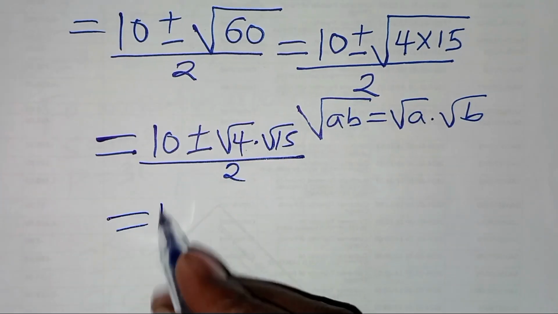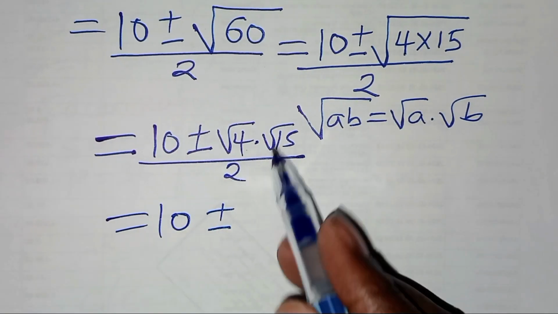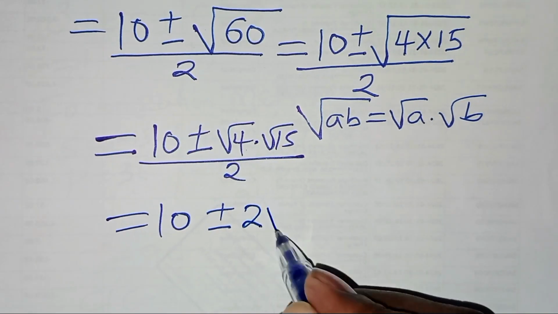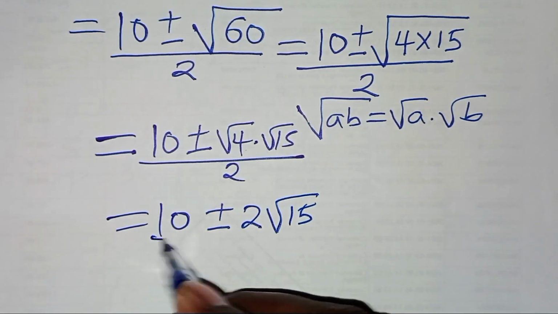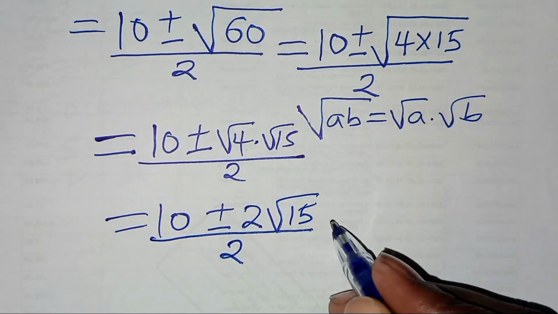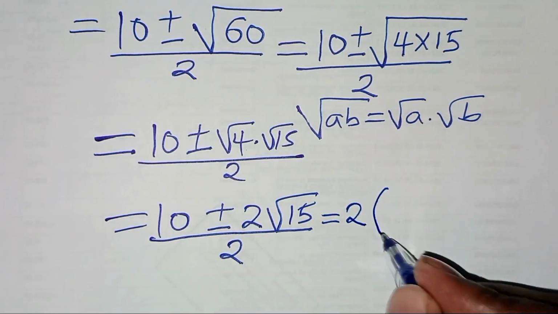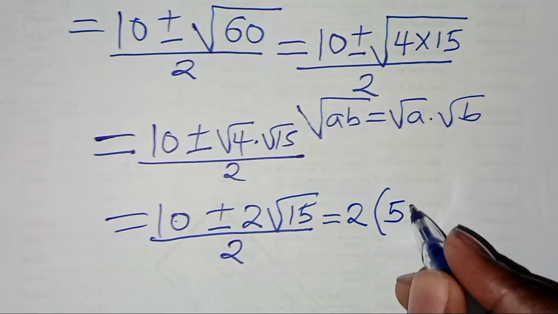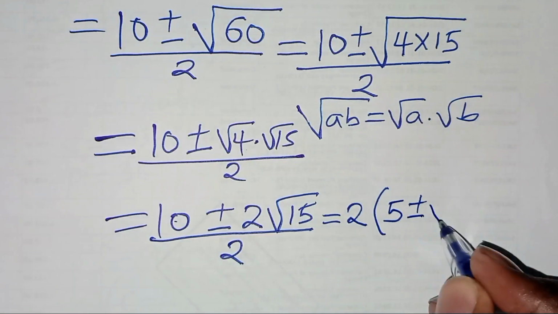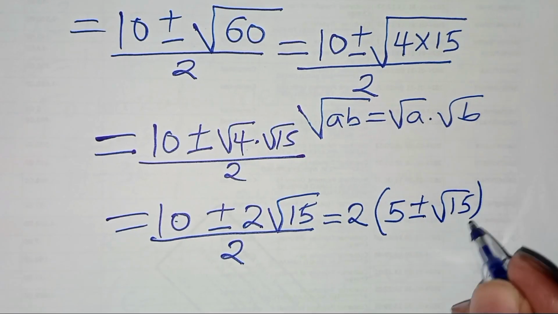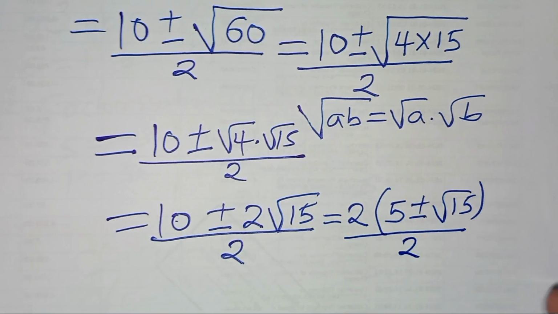So this is equal to 10 plus or minus the square root of 4, which is 2, multiplied by the square root of 15, divided by 2. From here, we can factor out 2, so that we have 5 plus or minus the square root of 15 divided by 2.